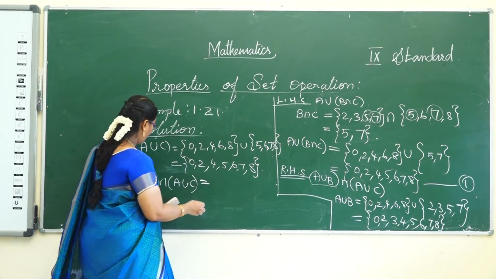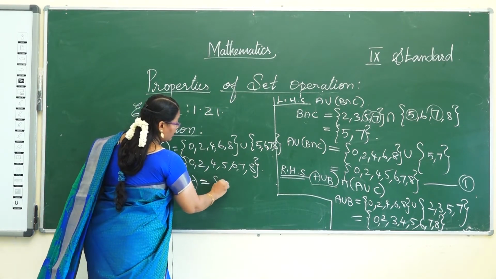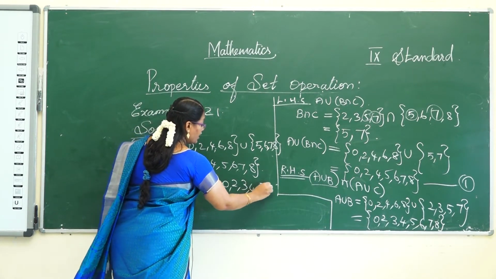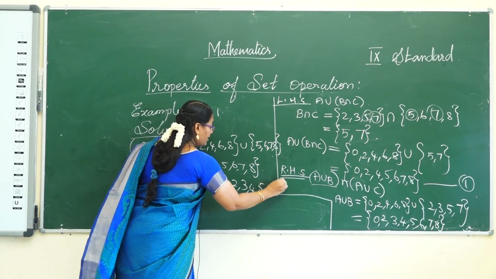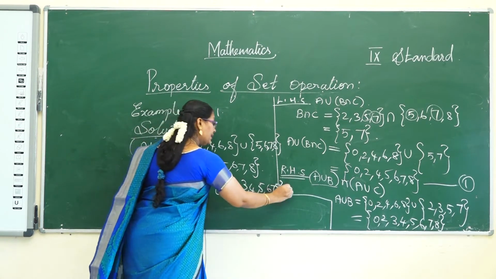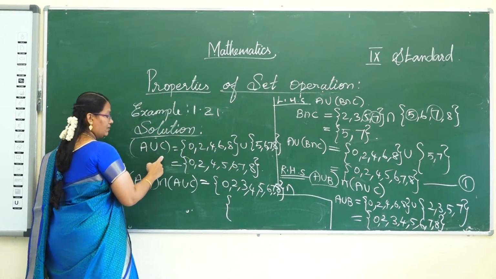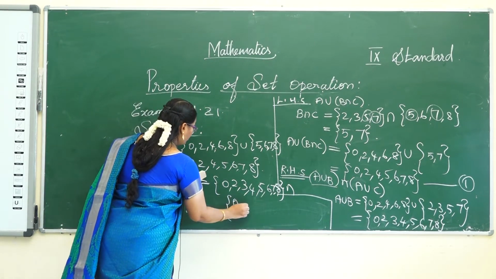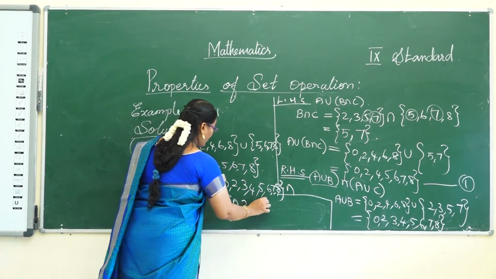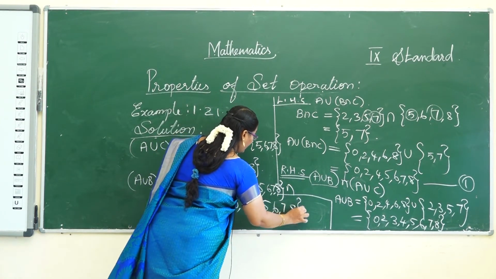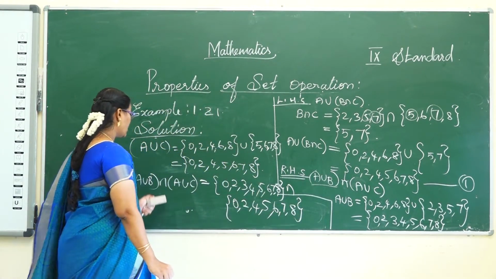A union B is 0, 2, 3, 4, 5, 6, 7, 8, intersection A union C, 0, 2, 4, 5, 6, 7 and 8. Which elements are common?